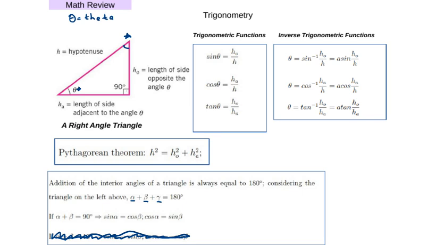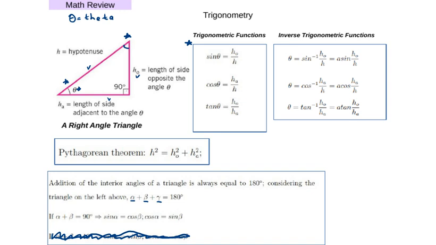We often use theta. Alpha, beta, gamma are Greek letters as well, used as angles. So a right triangle has a 90-degree angle and another angle here, theta.